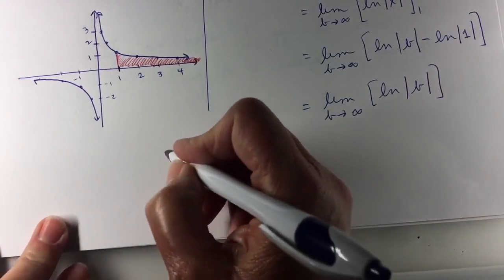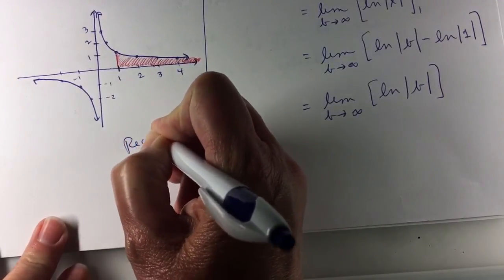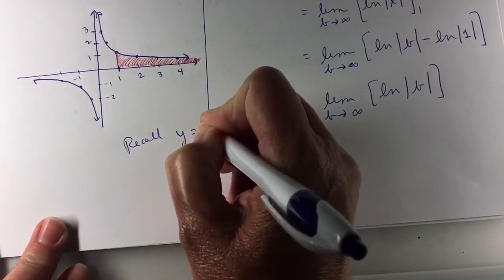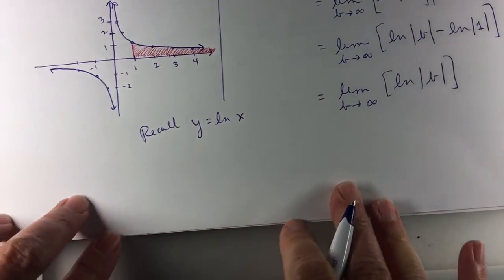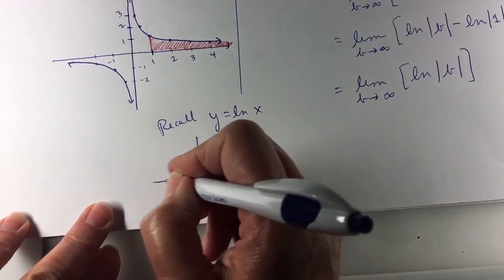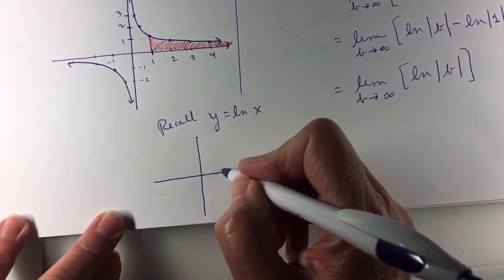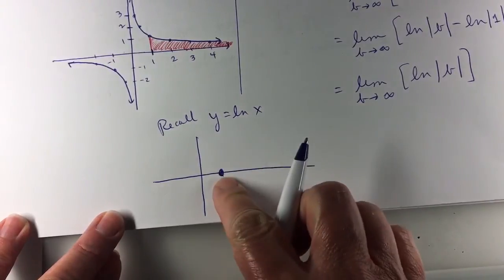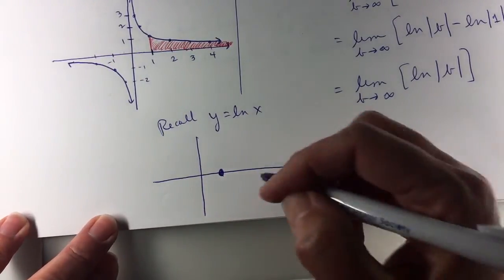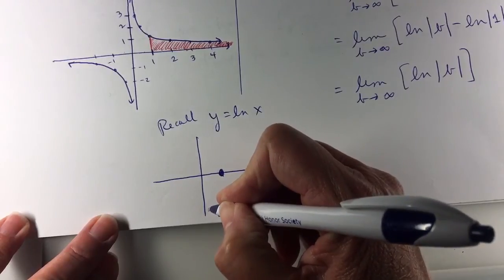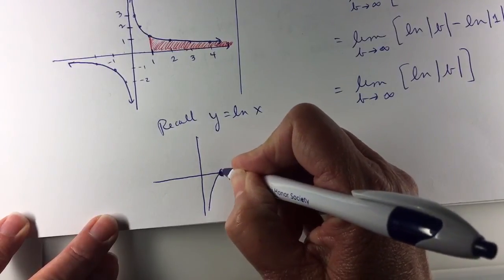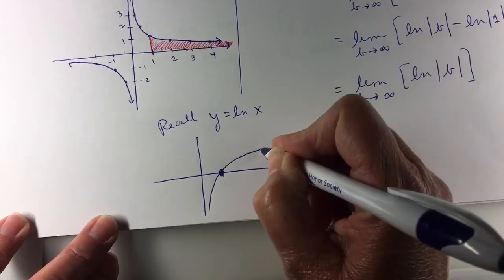For this one, I'll put this on the side. Recall y equals the natural log of x. This graph passes through 1, 0, because the natural log of 1 is 0, and it has a vertical asymptote, and it's this.